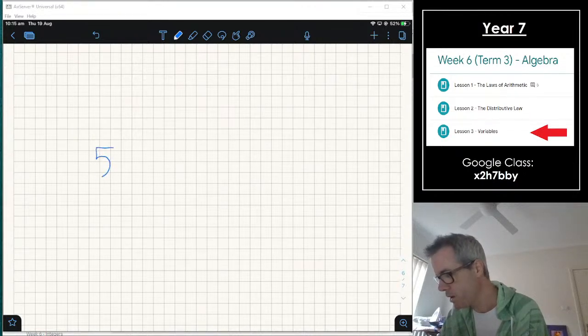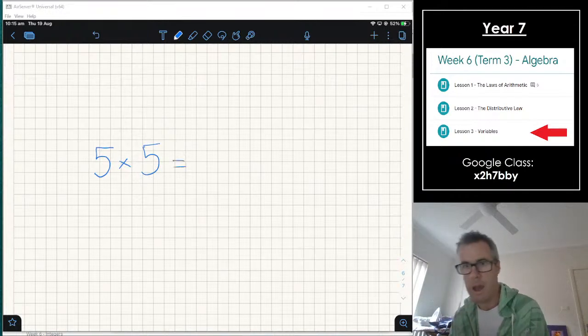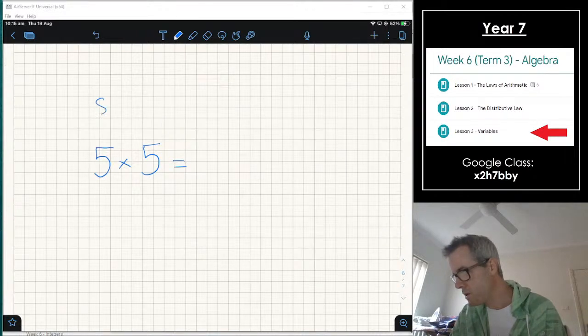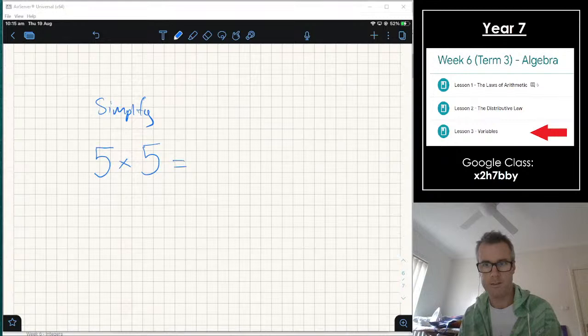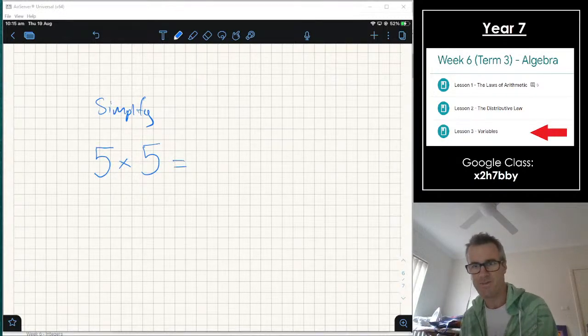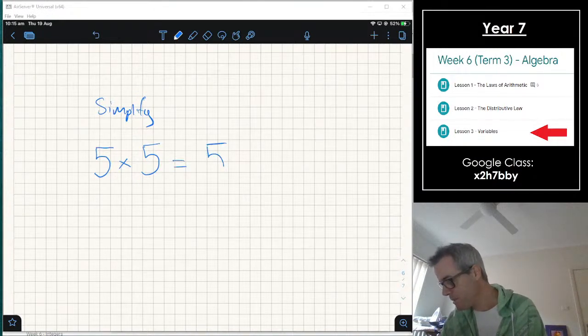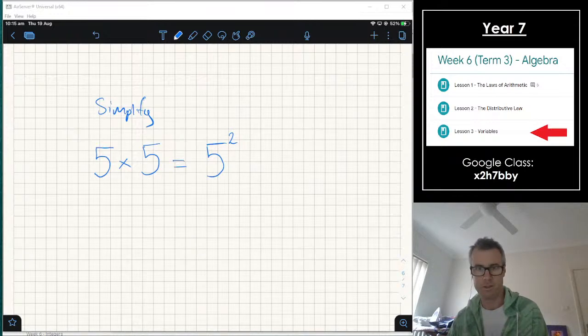Remember when we took 2 values like this, okay? And we asked you, not what the answer was, but again, we asked you to simplify this. What was the answer for this? This here, of course, simplified, is 5 to the power of 2, right?